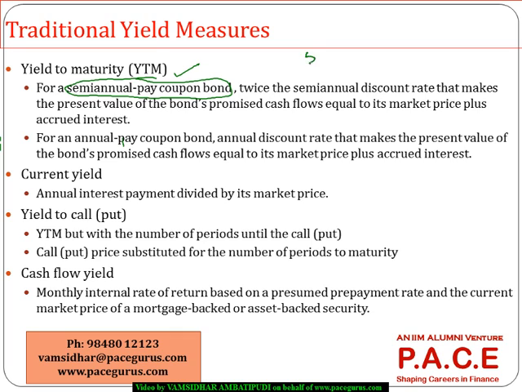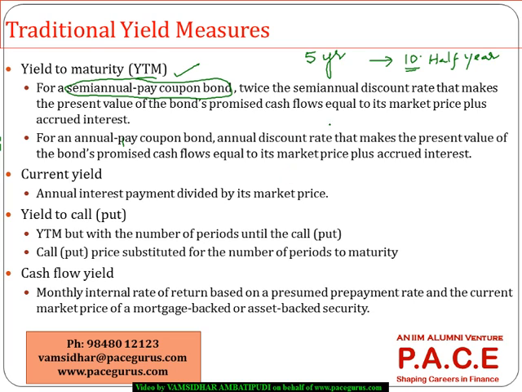So even if someone is saying a 5-year maturity bond, look at it as 10 semi-annual periods, 10 half years. So when you are using your calculators also, make sure that you enter N as 10 and I/Y, take it as the half-yearly interest rate rather than the yearly interest rate.